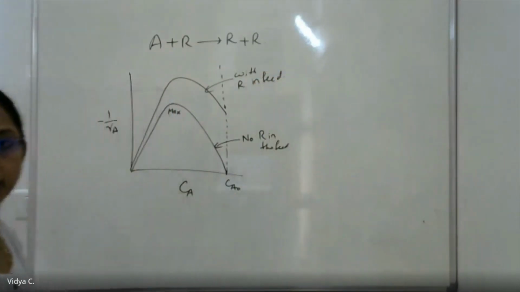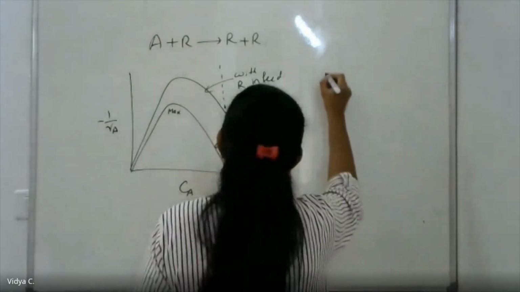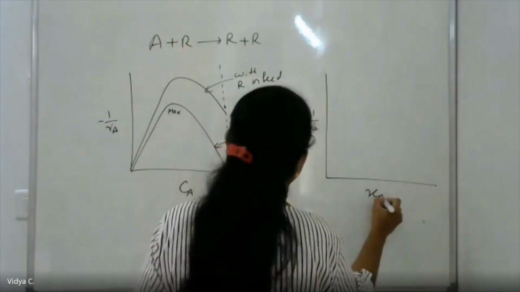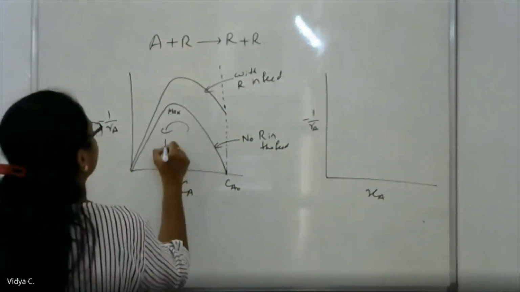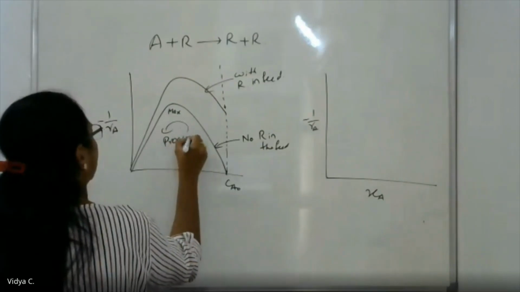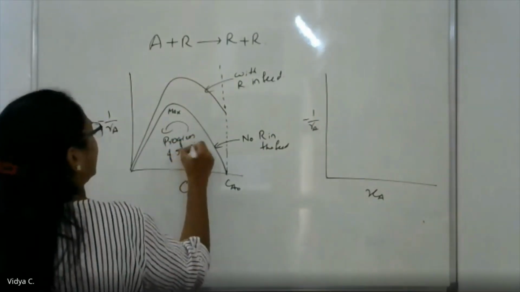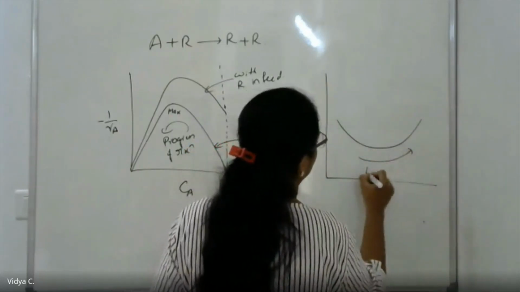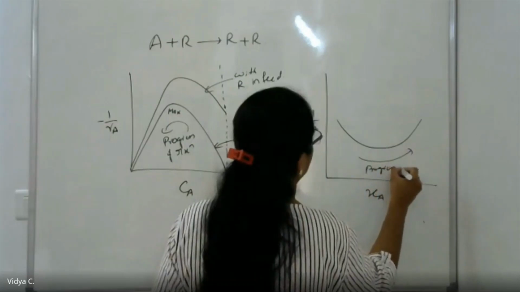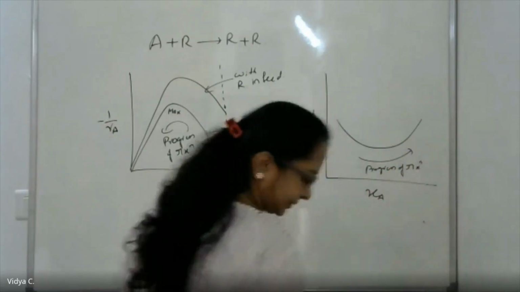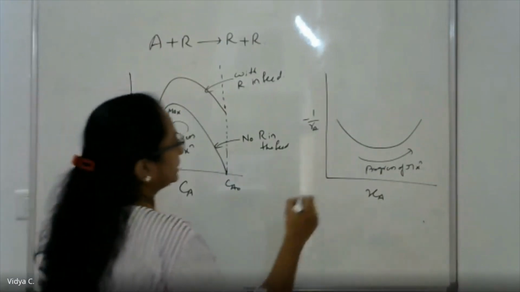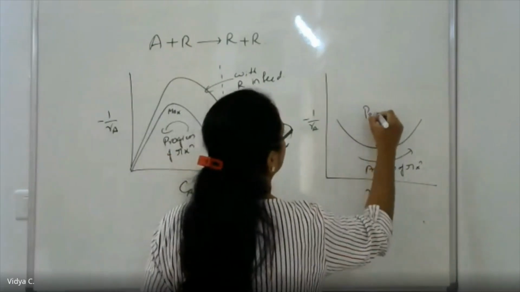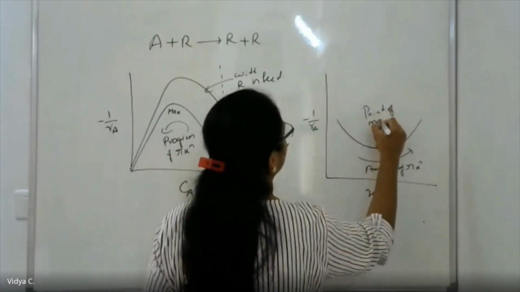Next, if I show this in terms of conversion, minus 1 by RA versus XA, this is the progress of reaction, and the direction is in this way. And this is the point of maximum rate.